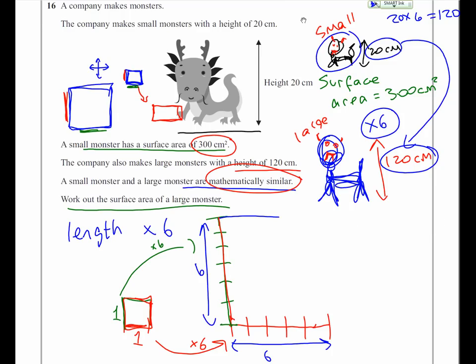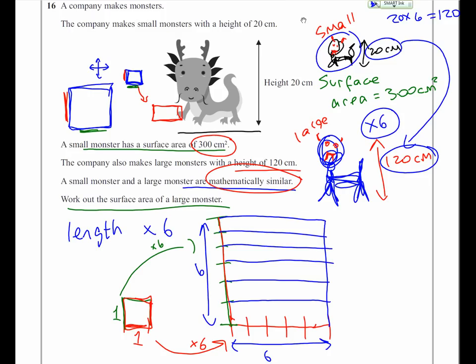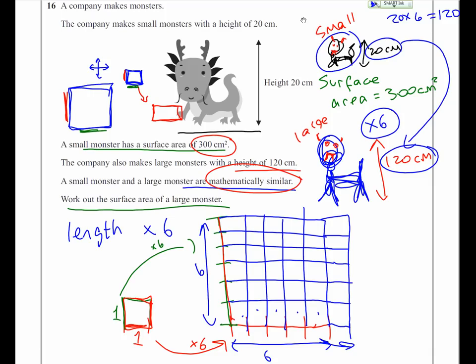What we've got is a new enlarged square, 6 up, 1, 2, 3, 4, 5, 6, 6 across. They should be perfect, I know. Hope you can forgive my little fix there.